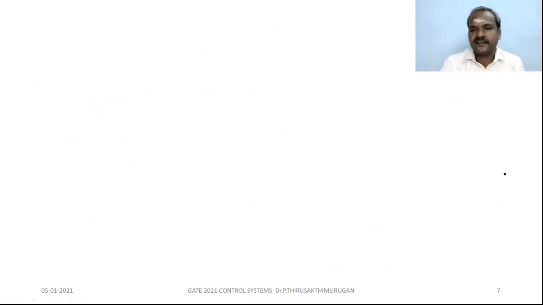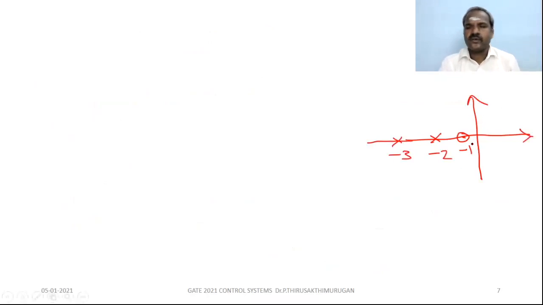First let us mark the poles and zeros. The zero is at -1, one pole at -2, and one pole at -3. Understand? So there are 2 branches in the root locus diagram.